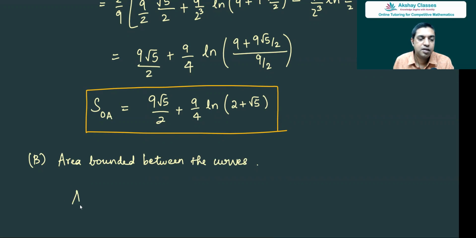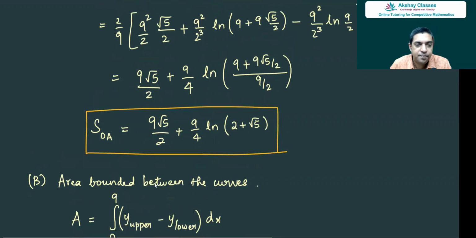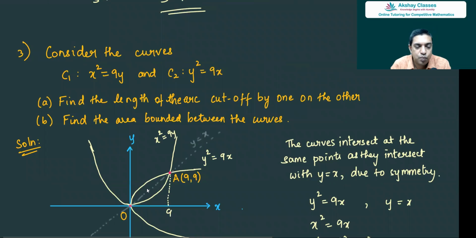That area is the integral from 0 to 9 of y upper minus y lower dx. Okay. So y upper we get from the curve y square equal to 9x, and y lower we get from x square equal to 9y.